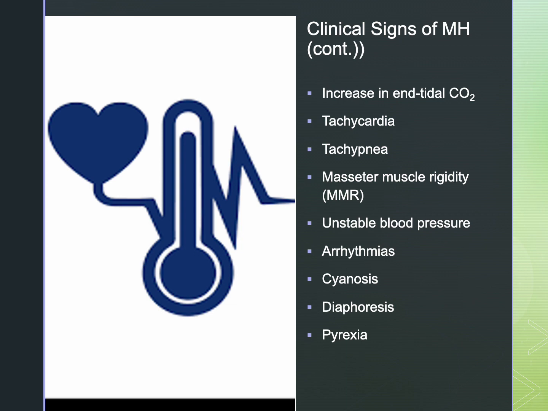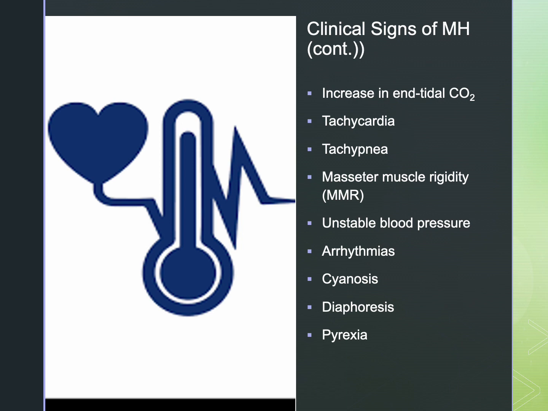That is going to start going up, and an increase of even 5 millimeters of mercury could be significant. The end-tidal CO2 can increase for reasons other than malignant hyperthermia, but once they've ruled out all other possibilities, the anesthesia provider may alert the operating room staff that an MH crisis may be at hand.